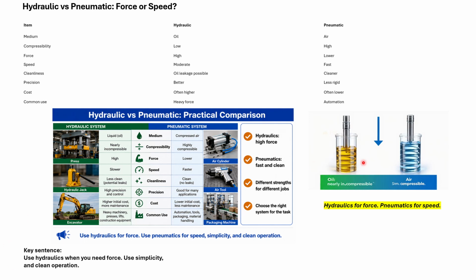Compare this: oil is incompressible, air is easily compressible. Key sentence: use hydraulics for force, pneumatics for speed.